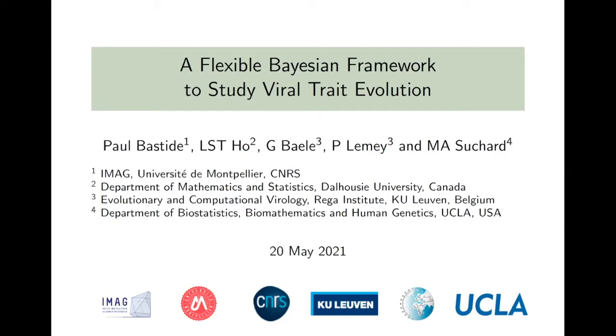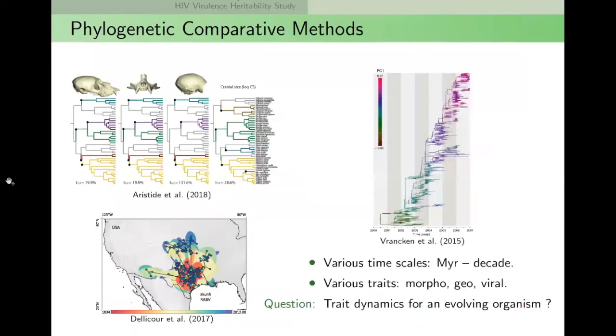So the main framework of this talk is phylogenetic comparative methods. This term comes from the ecology field, and the basic idea is that you have some continuous traits that you measure on a population of species, and you want to compare them between one another.